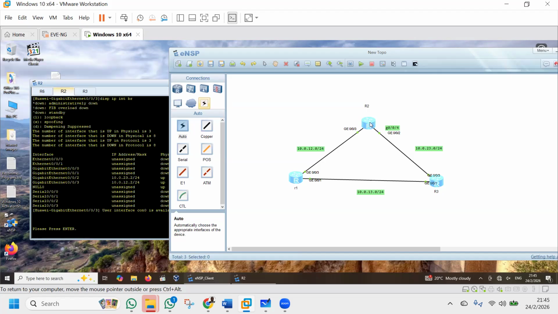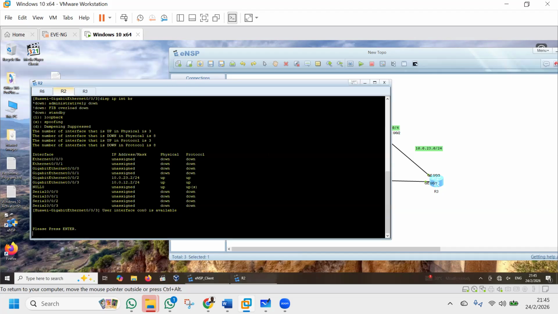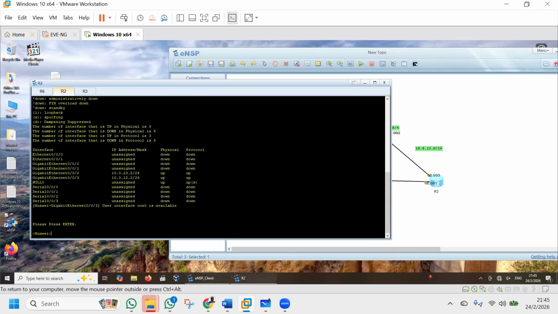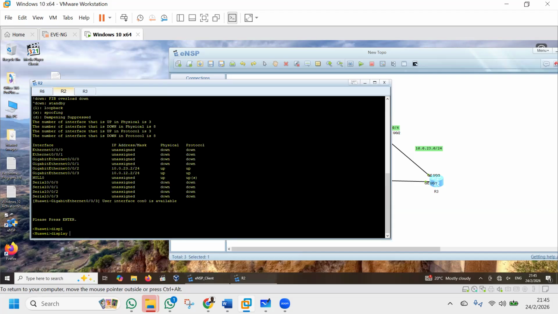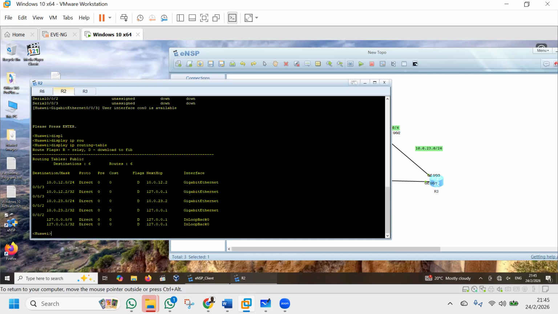Then from this, okay, show IP route. Yeah, display. Why is our network not working? Routing table. Then from this one, we know 23 is directly connected to 12, and this one as well.